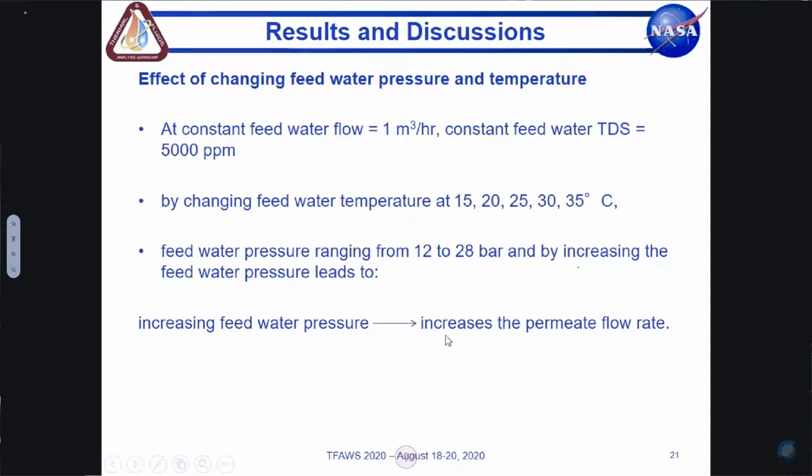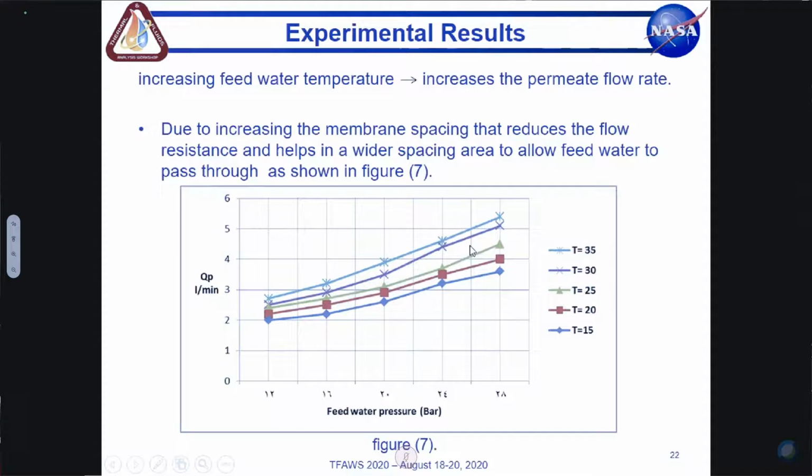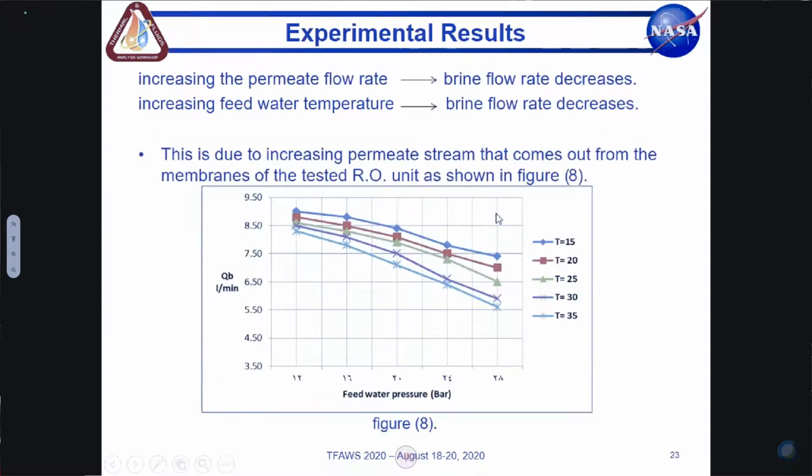We changed the feed water temperature from 15 to 35 in 6 steps, and the feed water pressure ranged from 12 bar to 28 bar. Increasing the feed water pressure will increase the permeate flow rate.